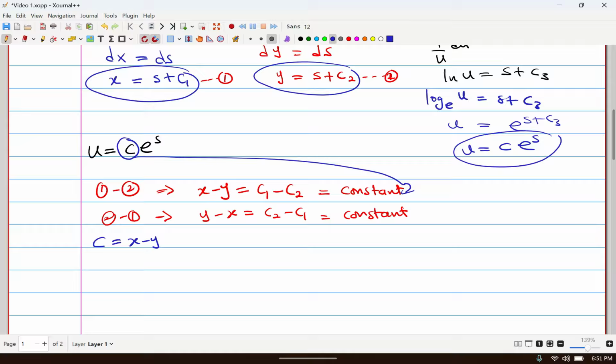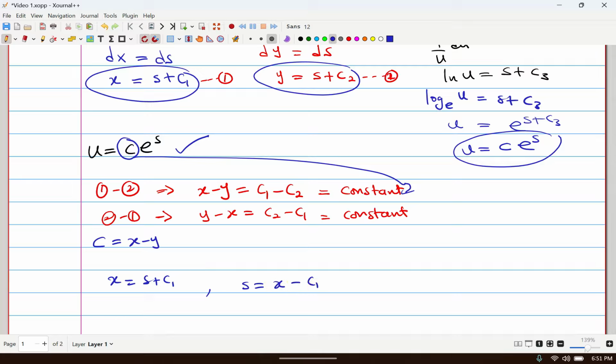Mostly what we are trying to do is find constants that are in a parent solution, and then we'll replace the constants in terms of x and y. Now, to eliminate the parameter s, when you look at equation 1, x is equal to s plus c1. If I solve for the parameter s, it will be equal to x minus c1.